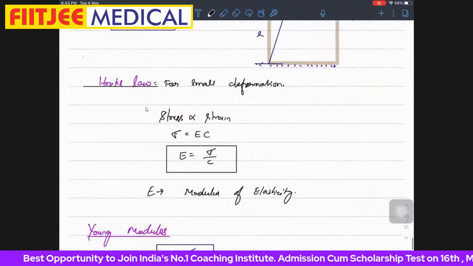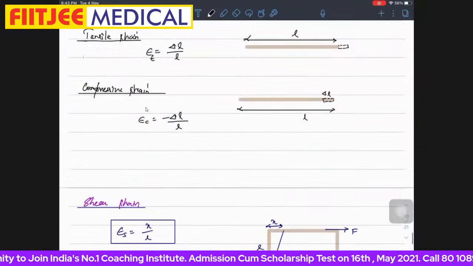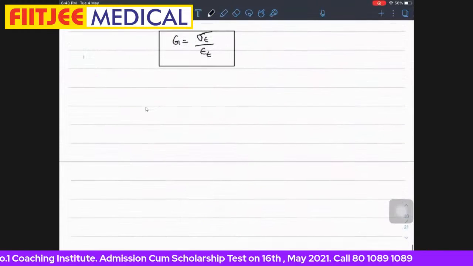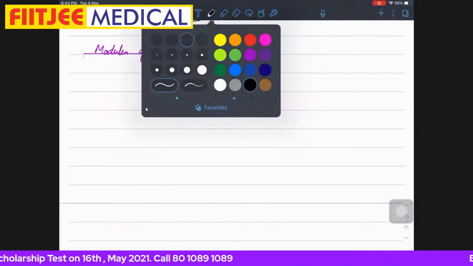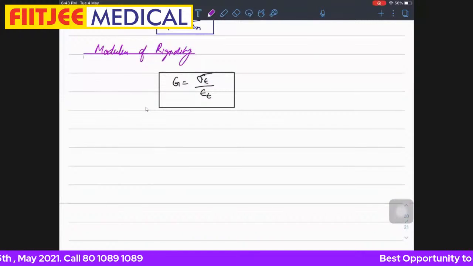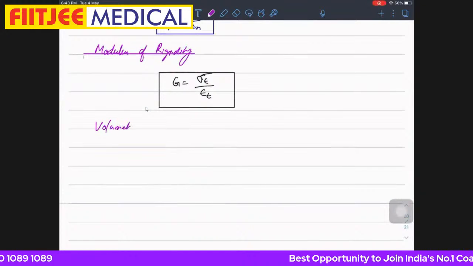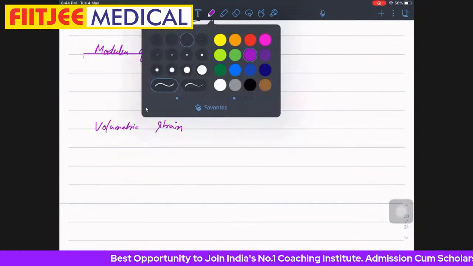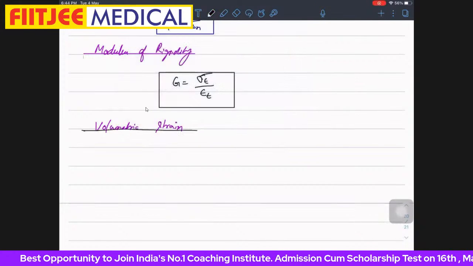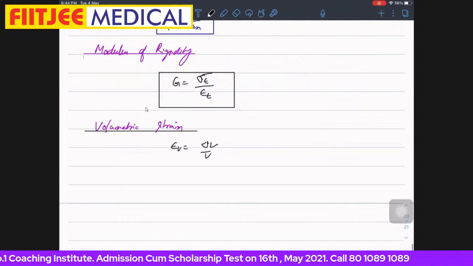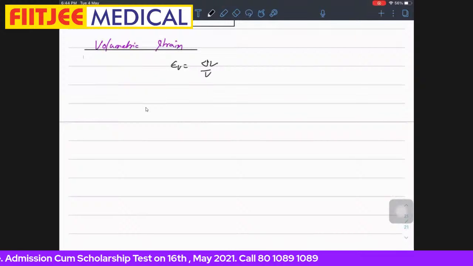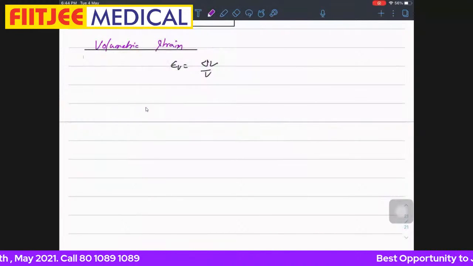In the same way we define volumetric strain. Before the modulus for the volumetric stress, we define a volumetric strain. So volumetric strain we can write as sigma V equals delta V by V. So the relation between volumetric stress and volumetric strain is defined by bulk modulus.